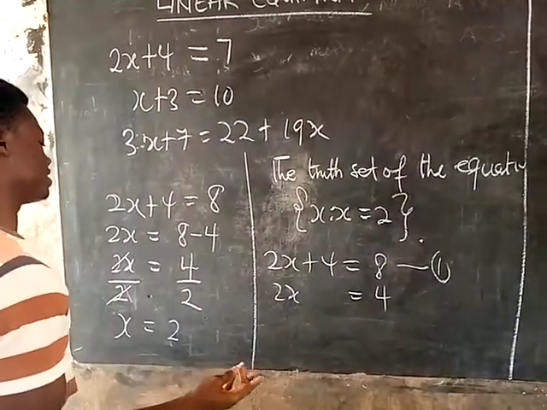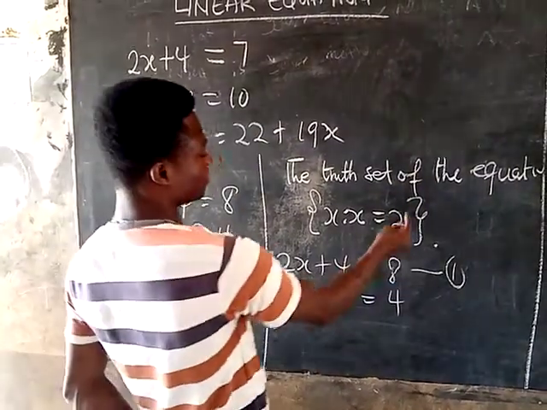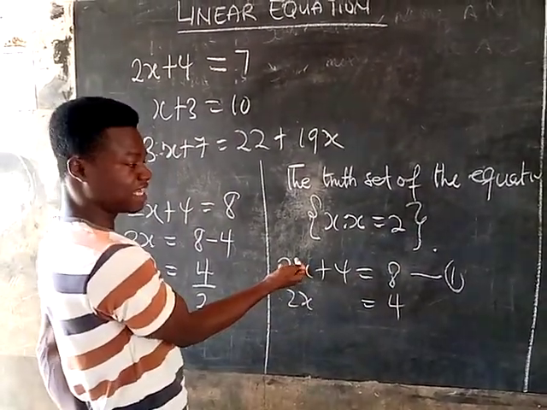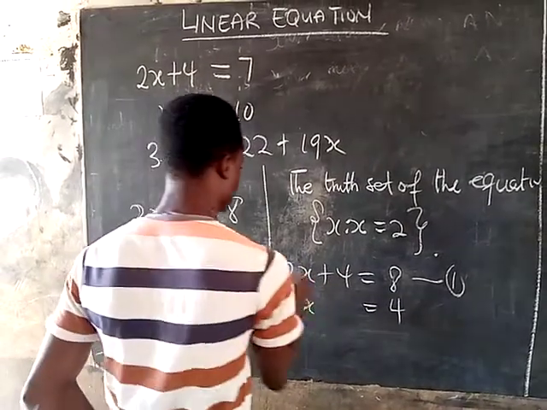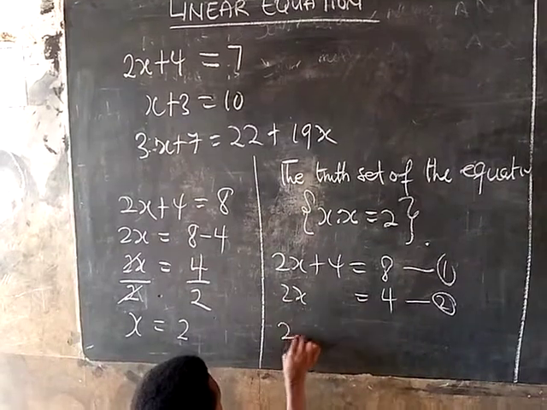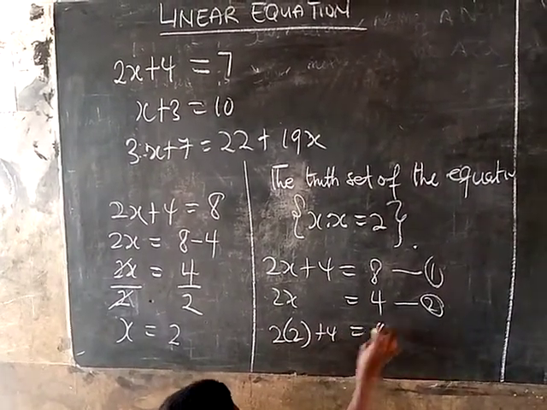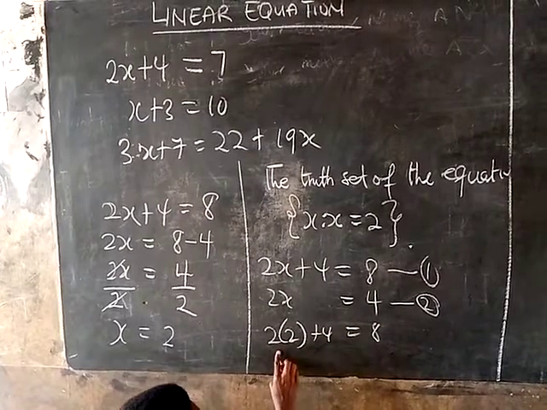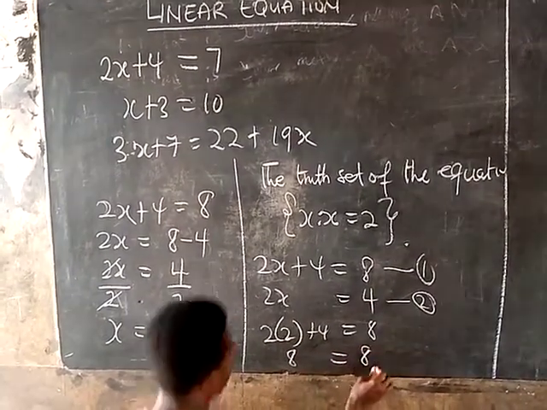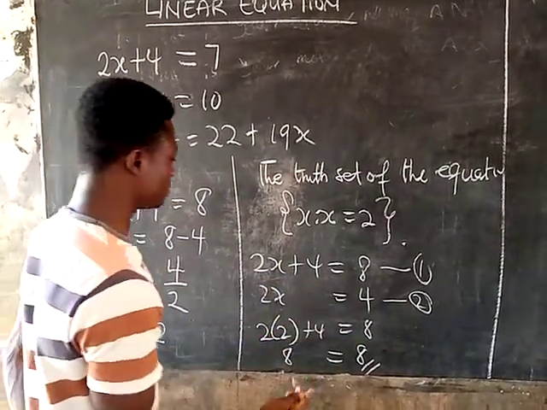If the truth set is 2, it means that it will satisfy the equation if you put it in the equation. So let's put 2 in the first equation and see. We replace x by 2: 2 times 2 gives us 4, 4 plus 4 gives us 8, and 8 is equal to 8. It means that 2 satisfies the equation, meaning 2 is a truth set.